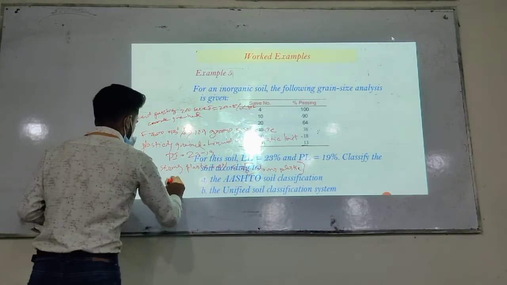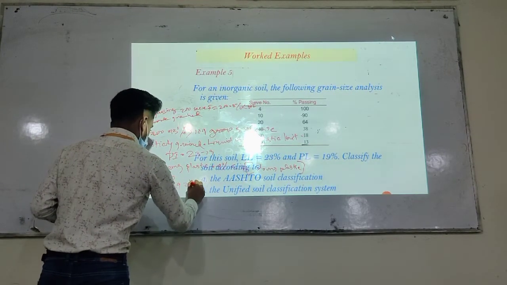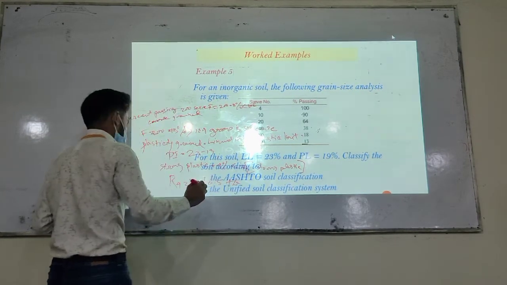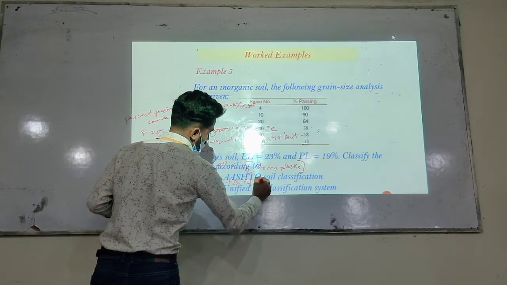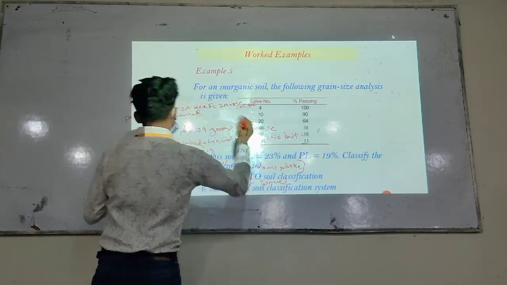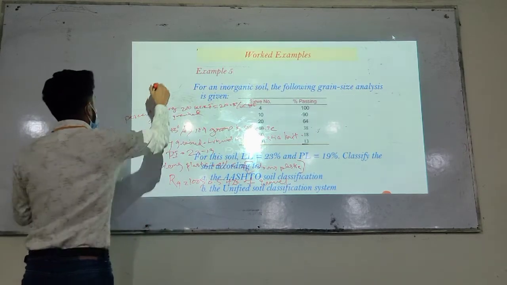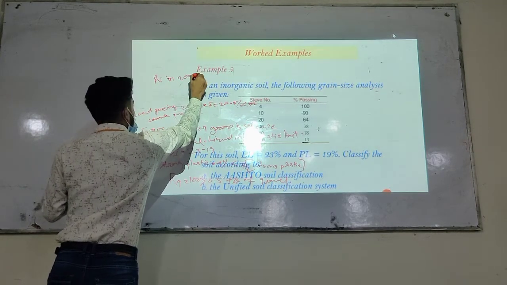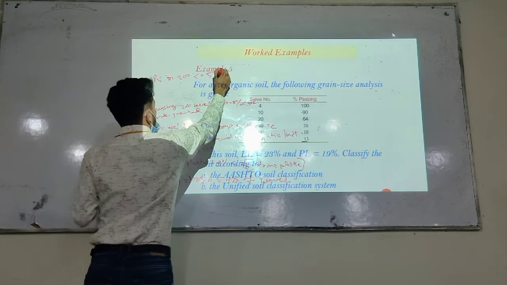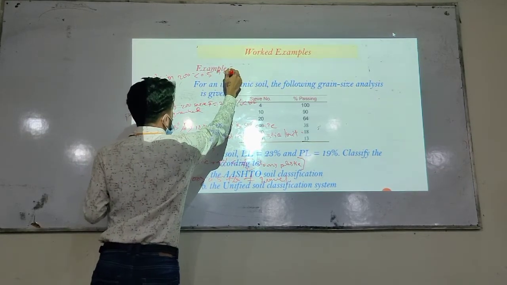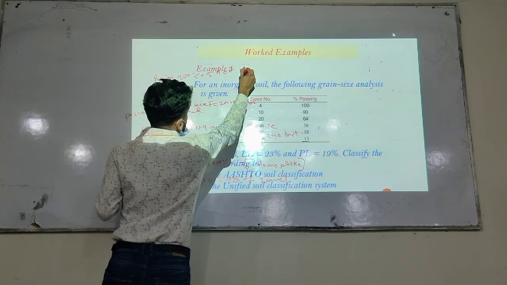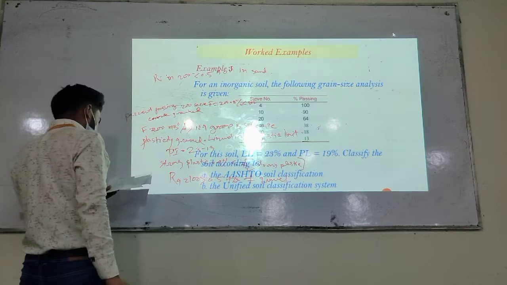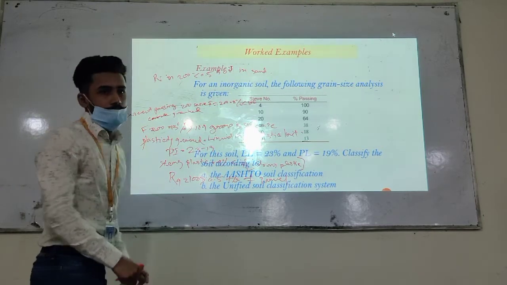And R4 is equal to the soil of gravel... less than 2.5, soil of sand. And after we give above the A-line, so this is the soil classification of USCS. That's all.